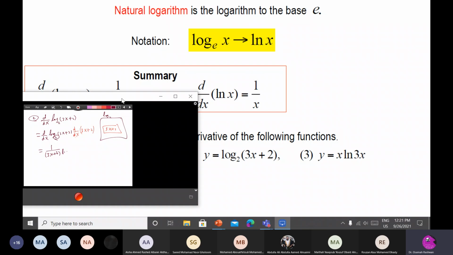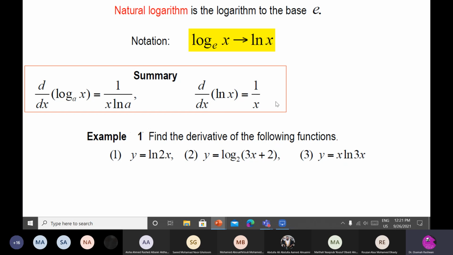So I have to multiply here by ln of a, the log for the base e, right? Sorry. This is exactly, if I just remind you, ln a. Now I finish the big box. I'll go for the smaller box, which is 3, only 3, because the constant 2 has derivative 0.